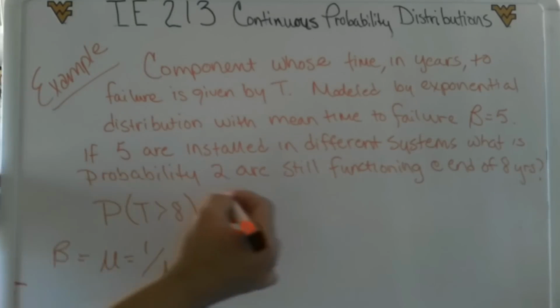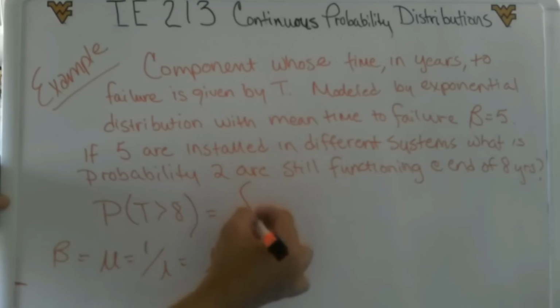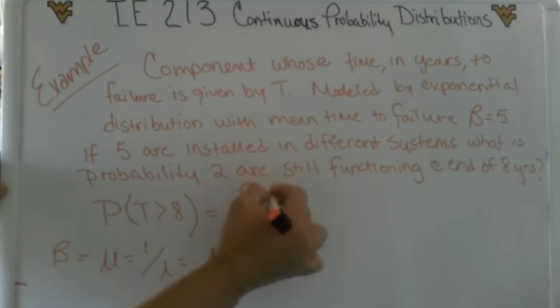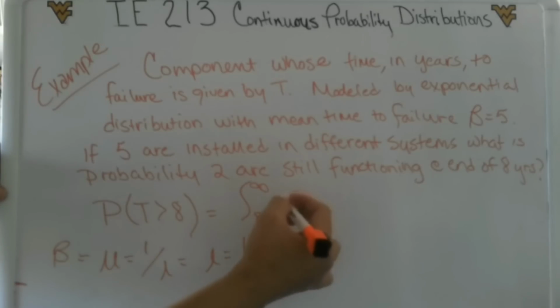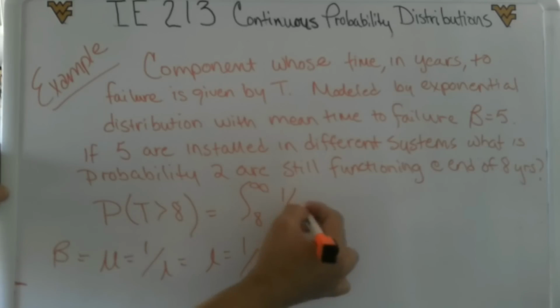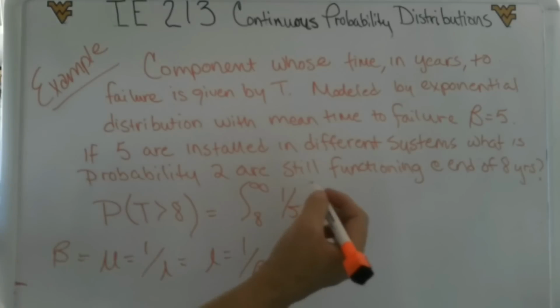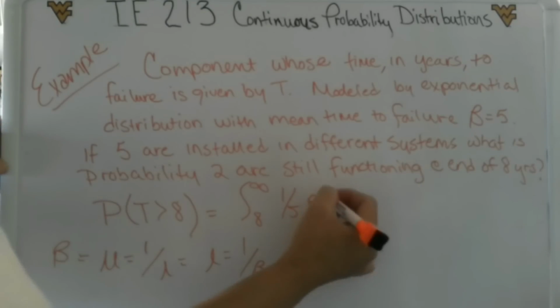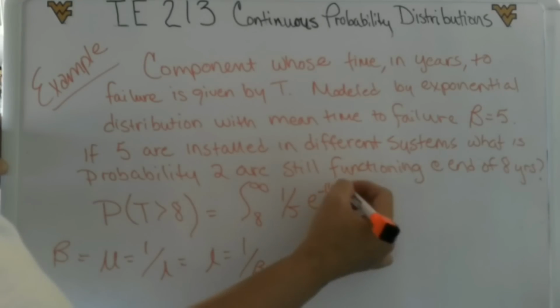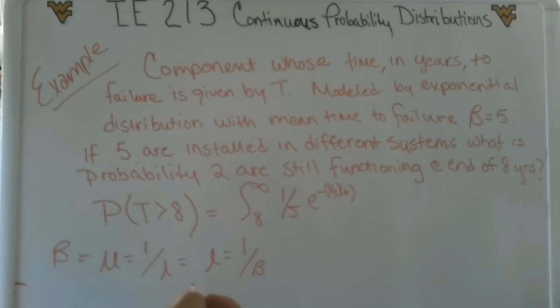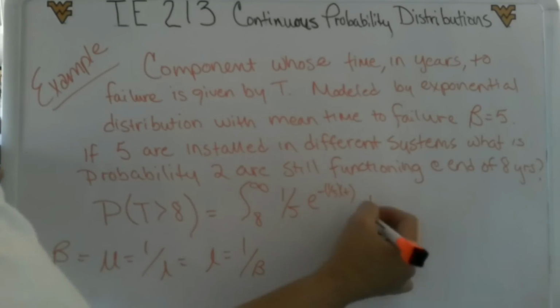So we would have 1/5, and we integrate from 8 years to infinity of lambda, which is 1/5, times e to the minus lambda t, which is 1/5 times t, dt.